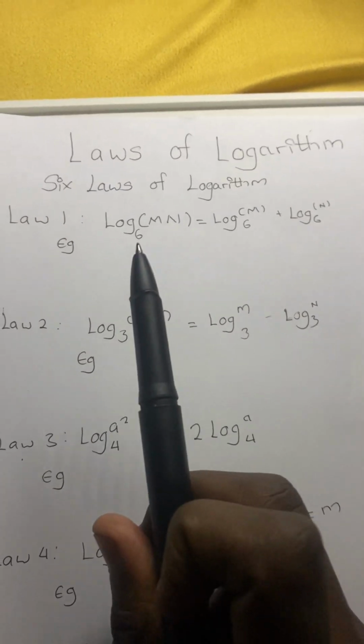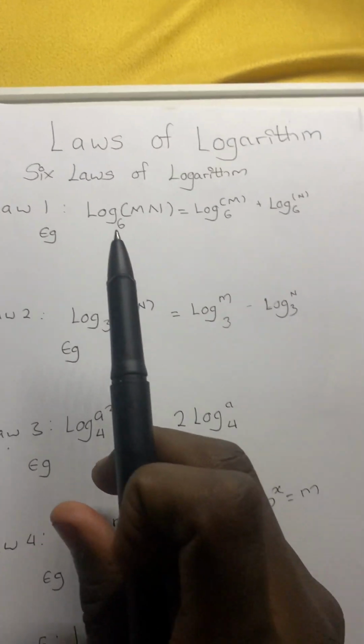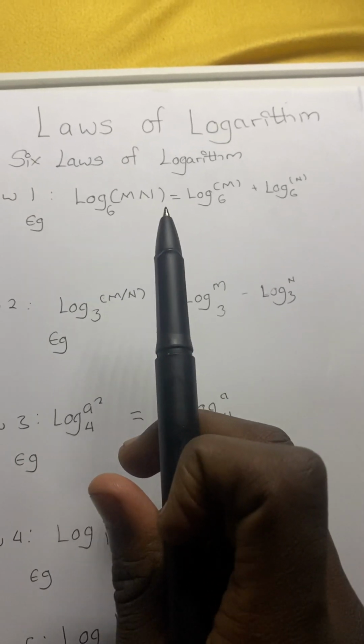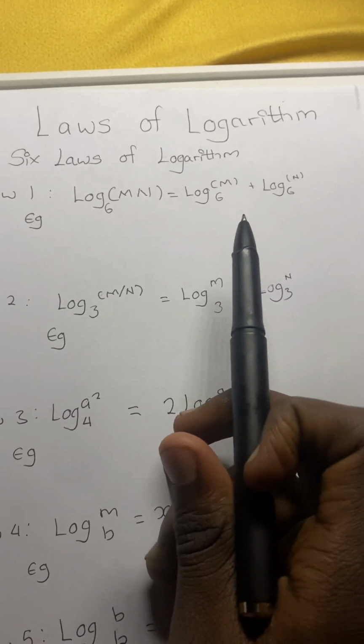This states that log base b of mn is equal to log m plus log n.